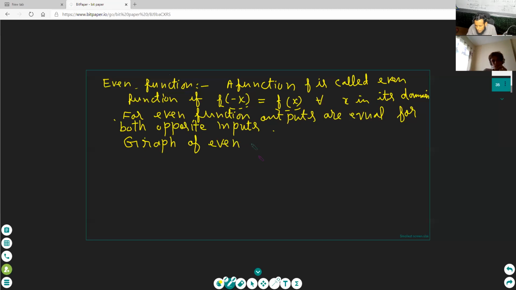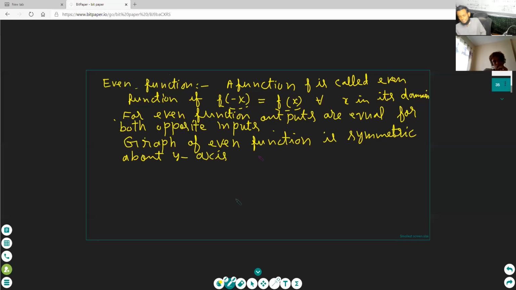Can you make a graph that is symmetric about the y-axis?